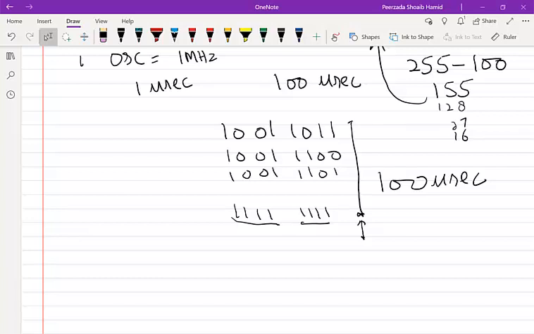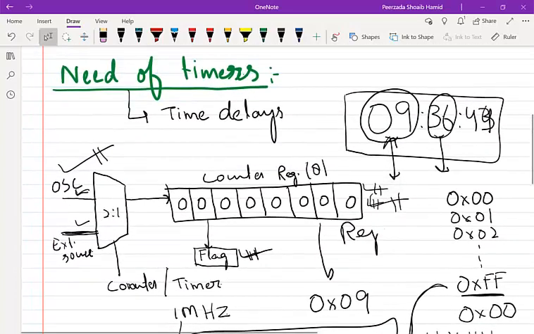The time between storing a value and the overflow will give us our desired time period. We'll be discussing these things in more detail when we go into the details of the timers. This was just to give you an overview of how a timer works.